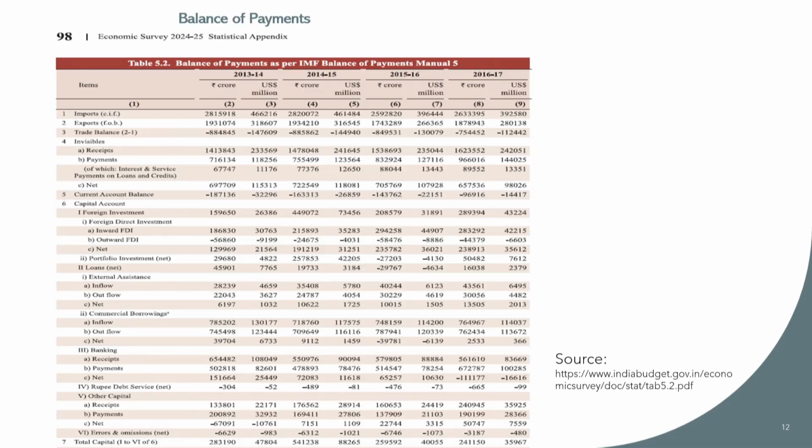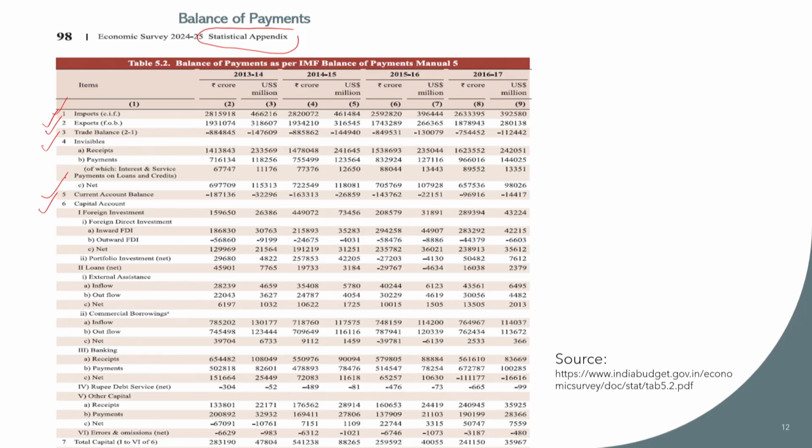I'm showing you here how balance of payments are recorded in India's official record. You just go through the Economic Survey and the statistical appendix, and in there it is clearly written in the document. You can see each and every item, starting with imports, exports, trade balance, how trade balance is calculated, then the invisibles, then the current account balance and capital account balance.